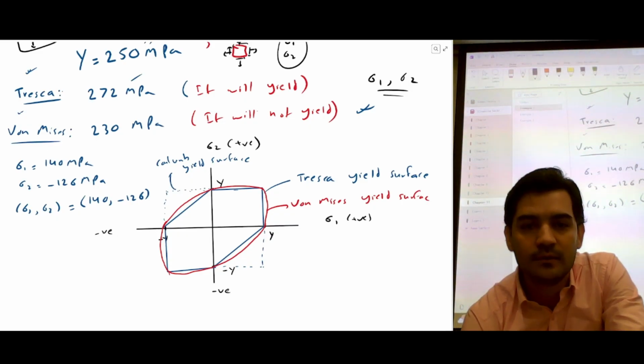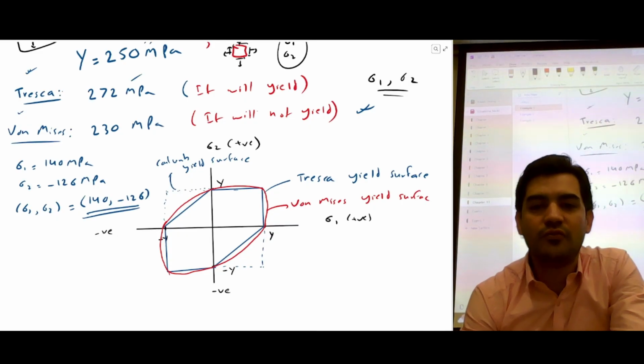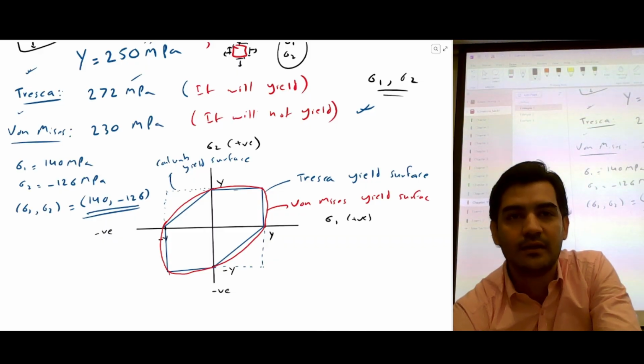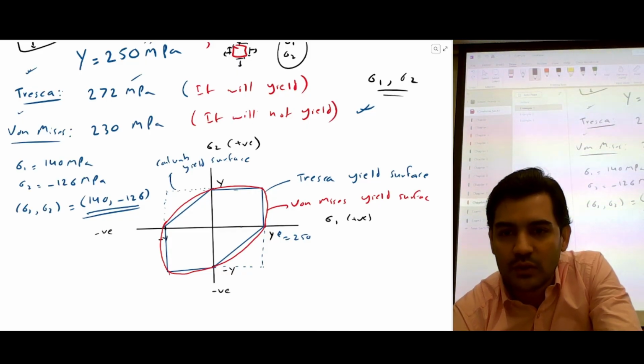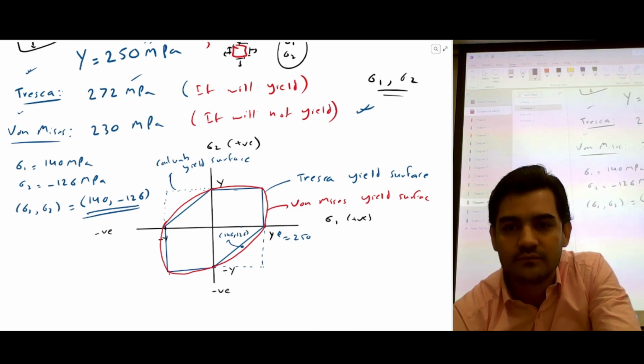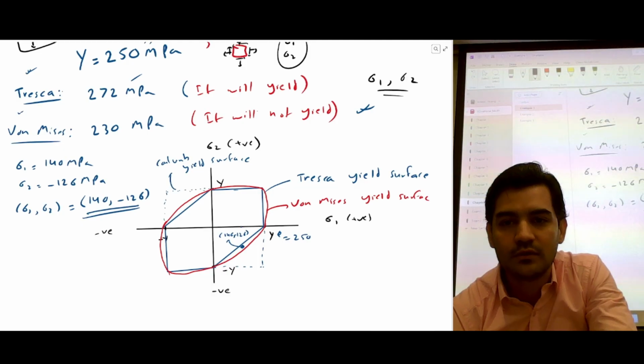But we're going to plot this 140, minus 126 here. Yielding is actually happening at 250, right? So 140 would be somewhere here, and then I have to go negative 126. So it should be this point. This point is actually 146 and negative 126. That's our point.